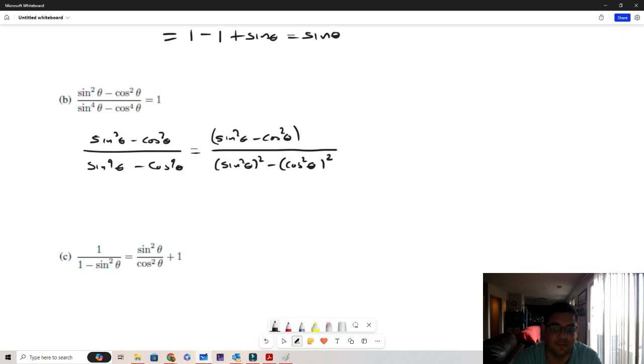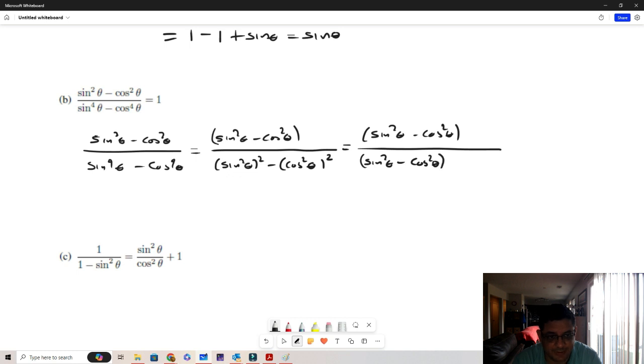So now you see the difference of squares in there. And you see that we're going to get factors that have sine squared as a and cosine squared as b for our identity. And so this is sine squared minus cosine squared divided by sine squared minus cosine squared times sine squared plus cosine squared.